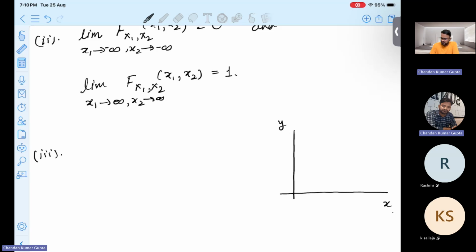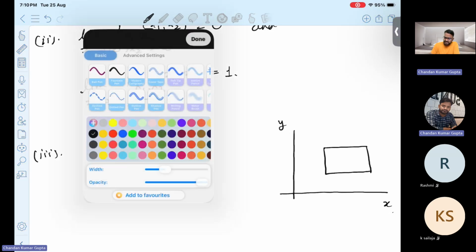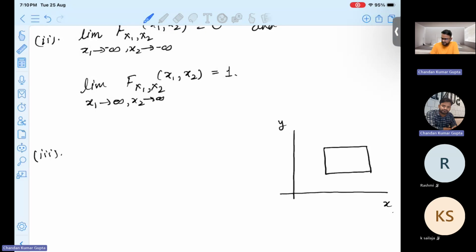Okay, and we have some coordinates like this. Then in that case, suppose these are some of the values like this is A, this is B, this is C, and this is D. Suppose these are some intercepts on x and y axis.